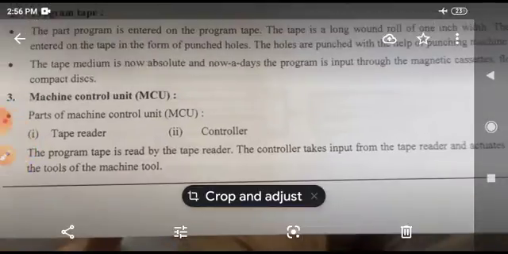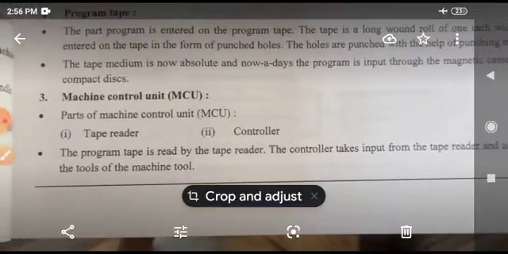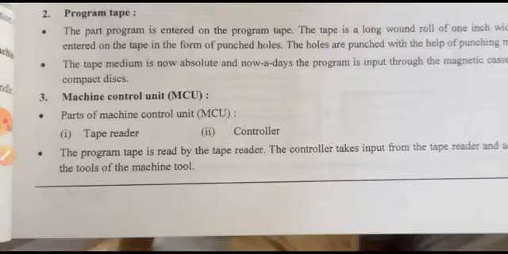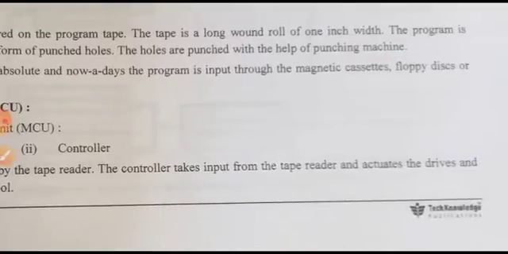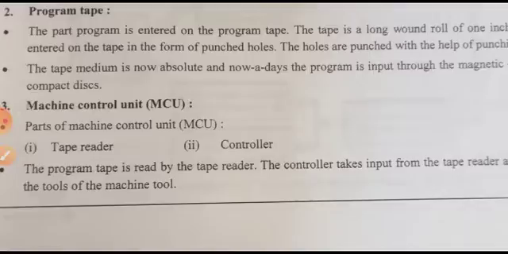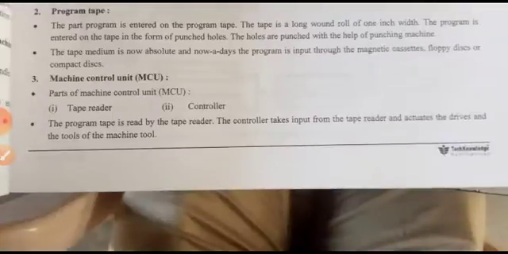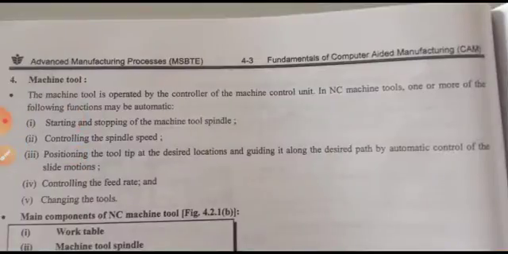So these new or modern techniques are coming nowadays. Now the next one is the machine control unit, that is the tape reader and controller. The program tape is read by the tape reader. The controller takes input from the tape reader and actuates the drive and the tools of the machine tool. This is the function of the tape reader. Now the machine tool. The machine tool is operated by the controller of the machine control unit.